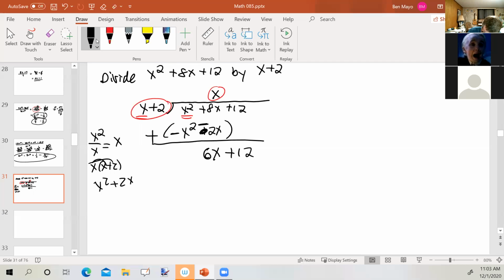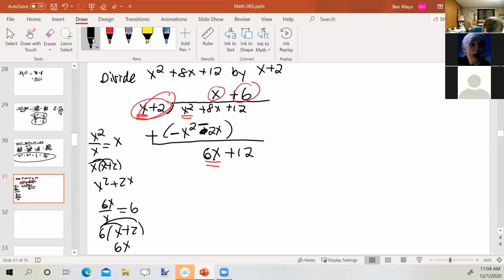Bring down the next term and start the process over, focusing on the leading term inside and the leading term outside. 6x divided by x is 6. That's a positive 6, so we're going to write plus 6. Then we're going to take this times all of this. So 6 times x plus 2.